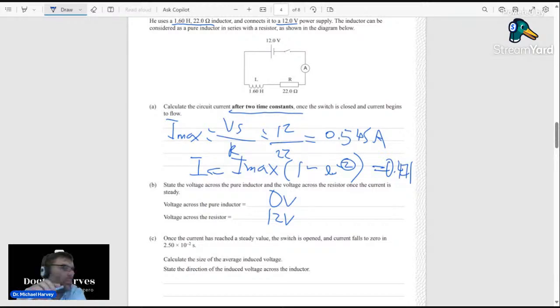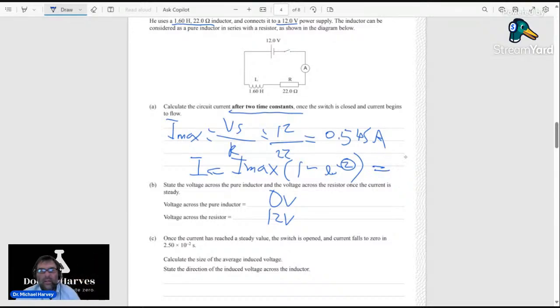We're multiplying it by 0.63. Current after 2 time constants. It's losing 37% each time. Maybe they got the calculation wrong in the answers. 0.545 times 0.63. Okay, we'll try it this way.